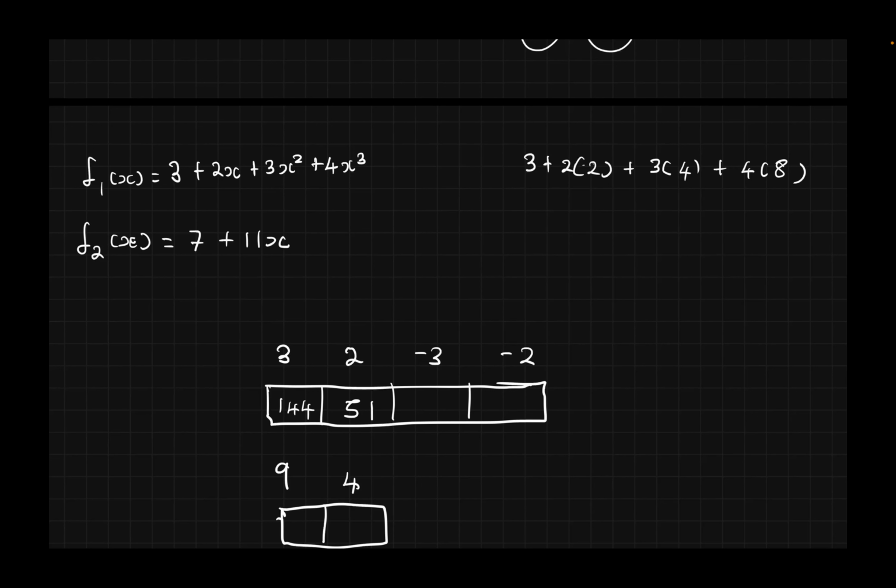What of minus 3? So that'll be 3 minus 6 plus minus, say 108, sorry. Minus 72. I'm going to do for minus 2.